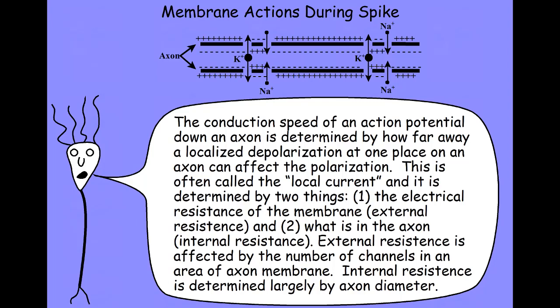And it's determined by two things: the electrical resistance of the membrane, its external resistance, and what is in the axon, its internal resistance. External resistance is affected by the number of channels in an area on the axon membrane. So if you don't have a lot of channels in an area, then it will have to have a greater depolarization in order to trigger a depolarization that is farther away or fueled by fewer channels. Internal resistance is largely determined by the diameter of the axon.